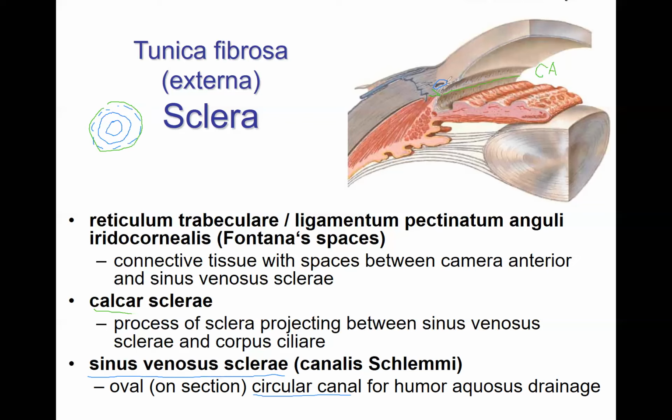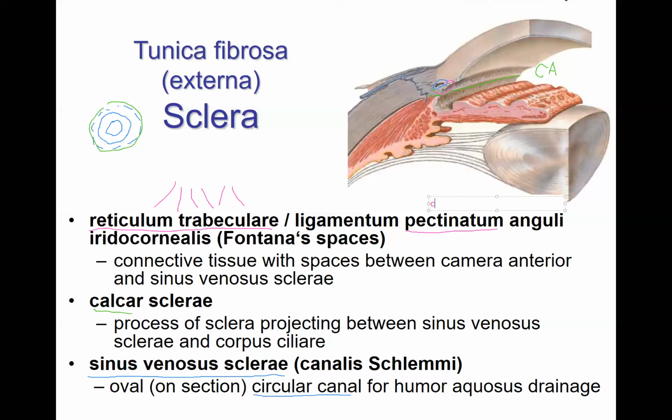is this. If you look at it, it looks like a sponge. It's spaces and structures. So it forms like a cave with many stalagmites inside. So it's called reticulum trabeculare because it's filled with trabecles. So it's a network of trabecles. It should remind you of a comb.